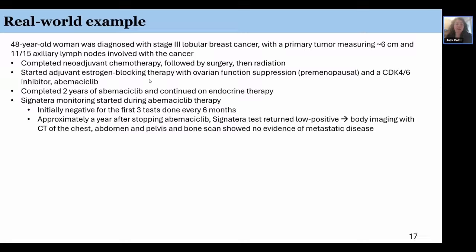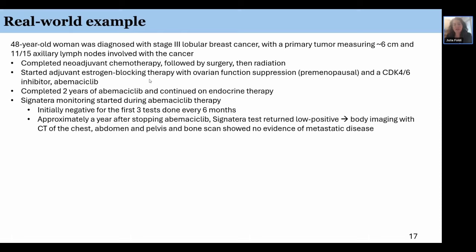So she received neoadjuvant chemotherapy, surgery, radiation, and started her estrogen blocking treatment, also with ovarian function suppression because she was premenopausal at diagnosis. And she also had targeted therapy with the CDK4/6 inhibitor abemaciclib. This is our maximal possible systemic therapy that we are able to offer today for someone with a stage 3 ER positive breast cancer.